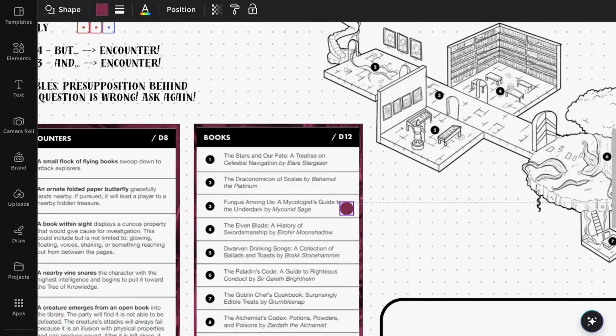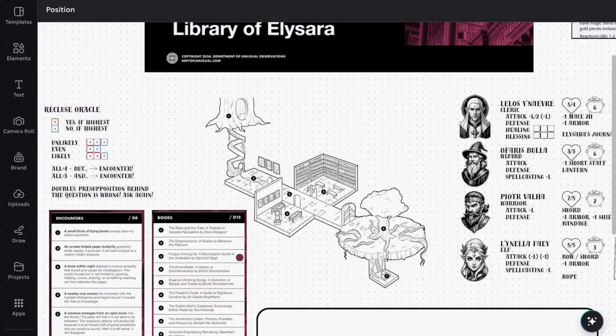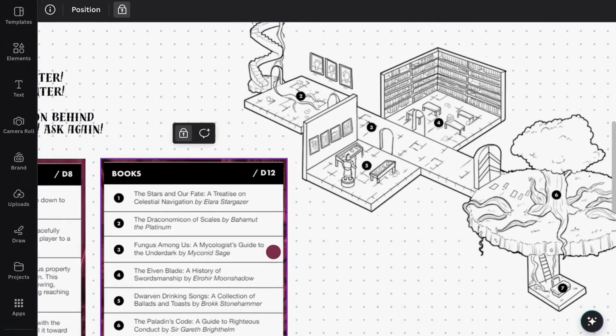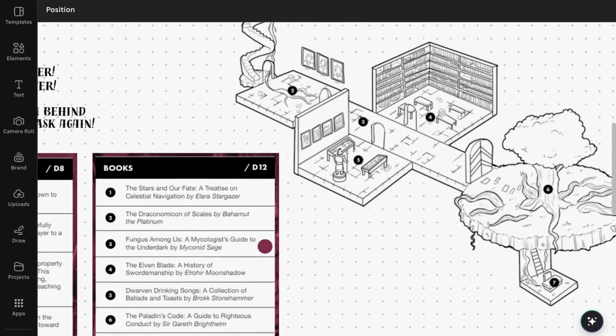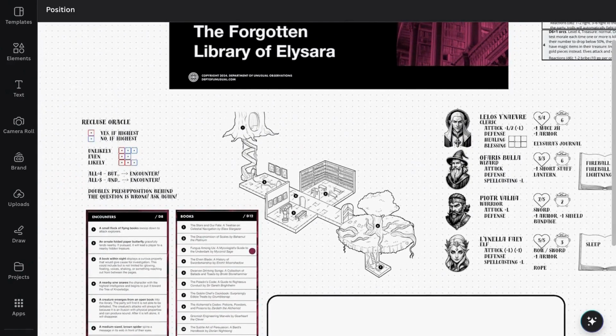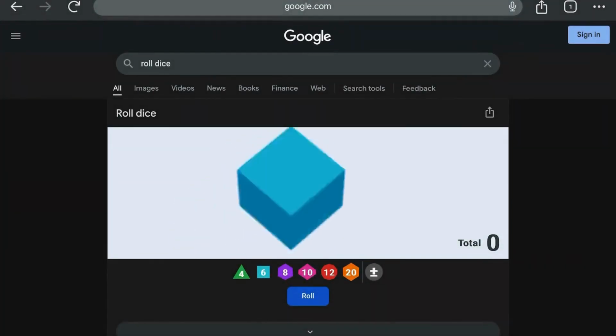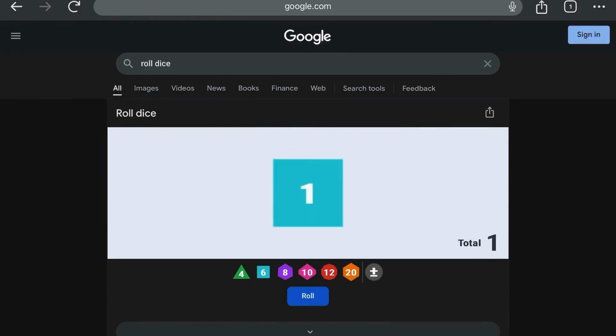Okay, based on the title, I think if after this adventure Opharis reads it, he will have knowledge about fungus, so he can gain a trait, maybe, to have some advantage versus fungi folk and other fungi type of creatures. Great, okay. And now, because they've spent enough time here, I roll for wandering events. 1. Okay, something is happening, and it is the 8 table, so let's see what it is.